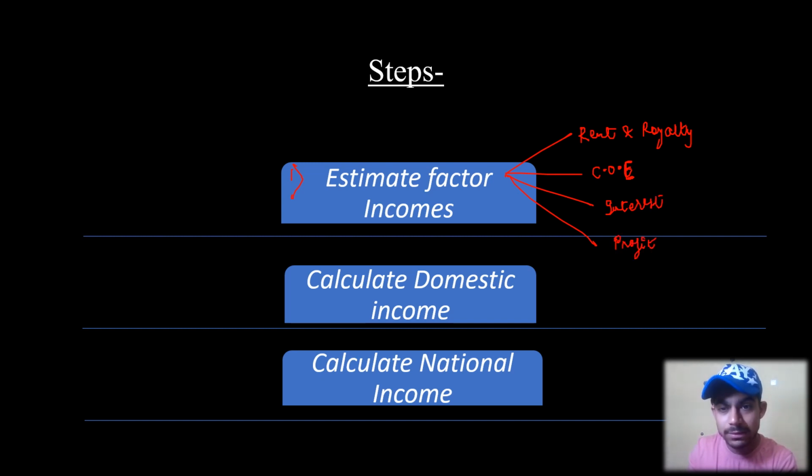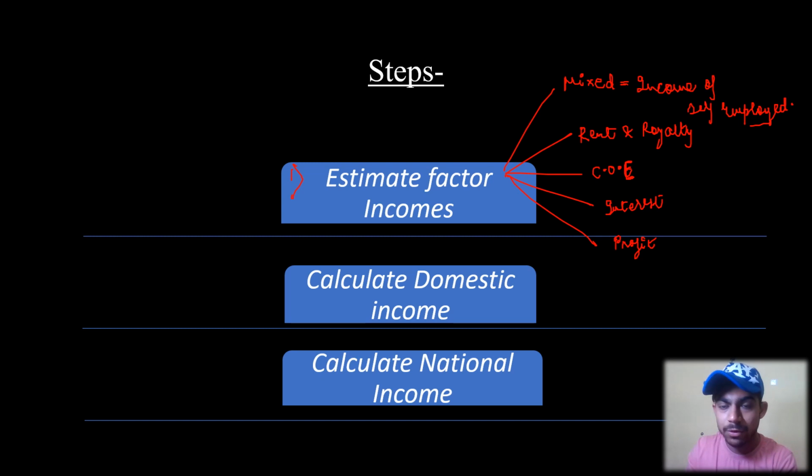And one more, that is mixed income of self-employed. We will also consider this while calculating the domestic income. Mixed income of self-employed covers both income from work as well as income from property.